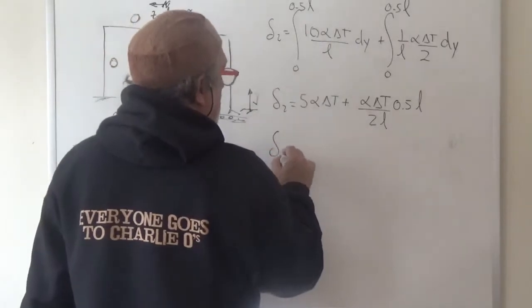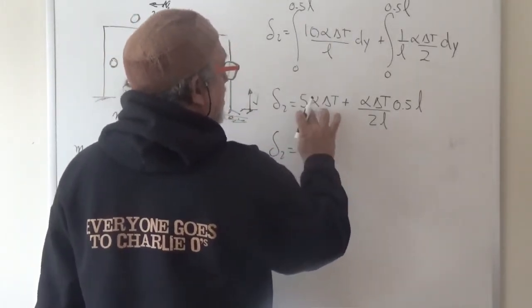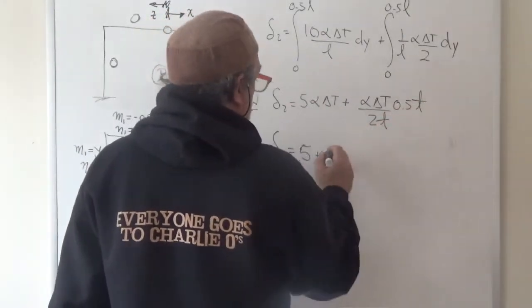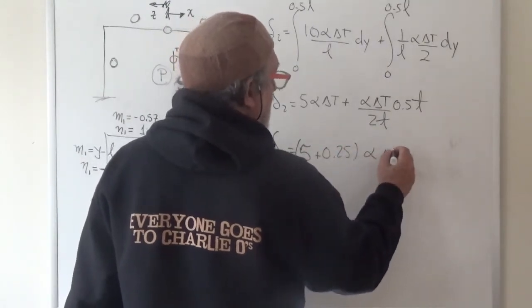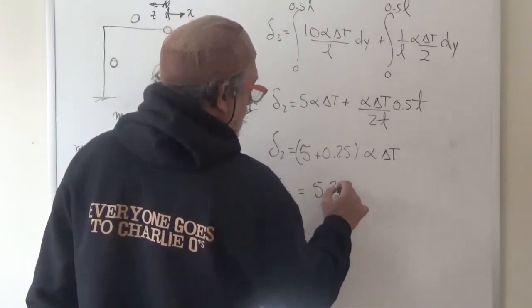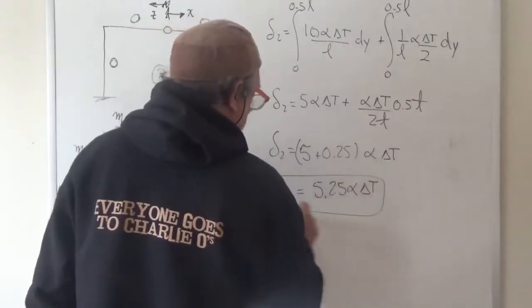So that means that delta 2 is 5 plus 5 here, and here is 0.25 of alpha delta t, and so we have delta 2 is equal to 5.25 alpha delta t. Okay.